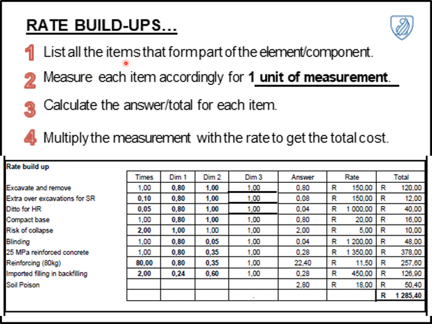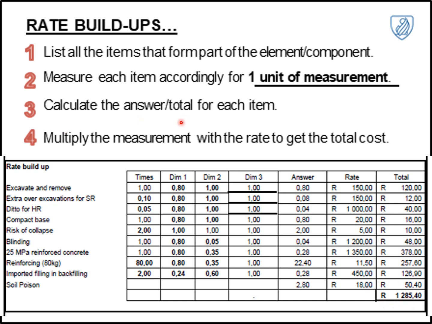List all the items that form part of the element or component, measure each item according to the unit of measurement, and then calculate the answer for the total. The main thing is you're taking the items that you need to include in your estimate and converting them to a per meter rate. Here you will see the 1,285 Rand as the rate that you used in the previous slide.